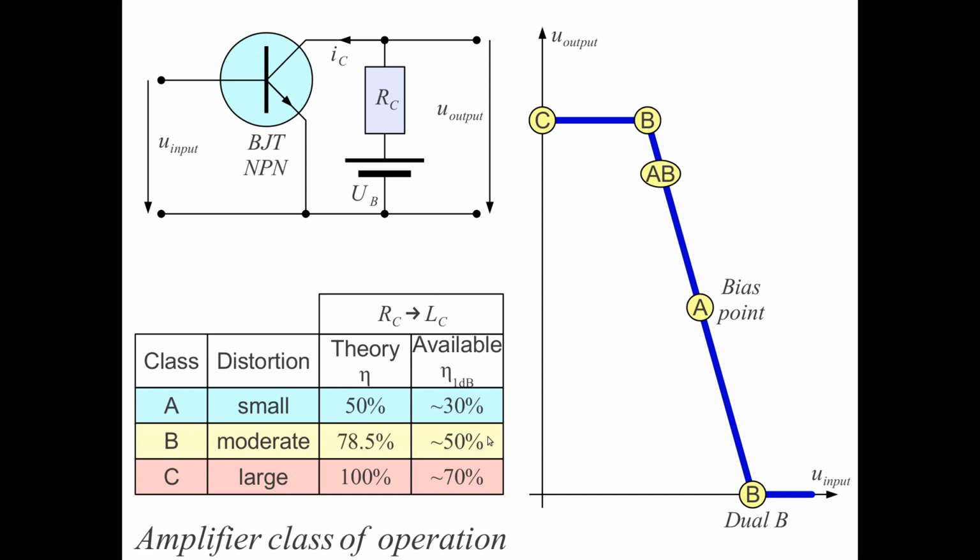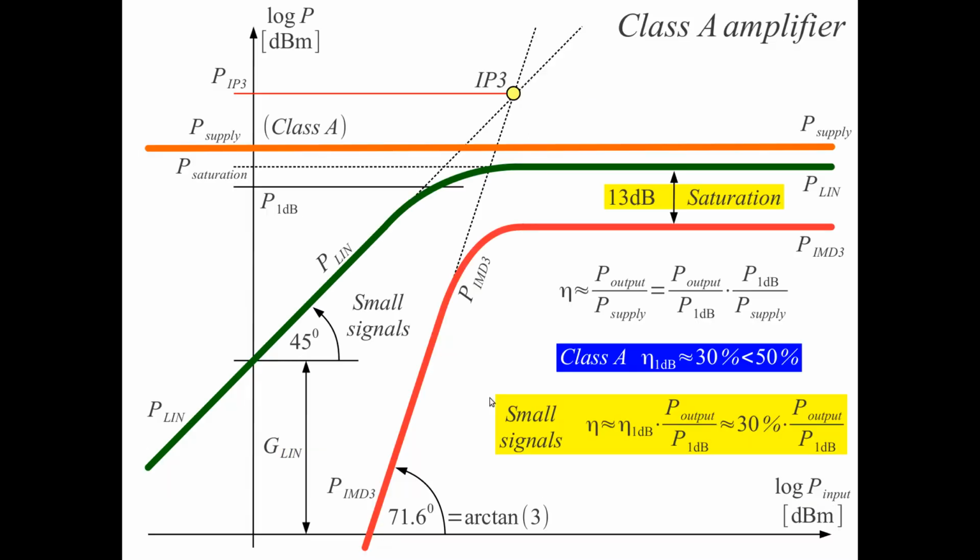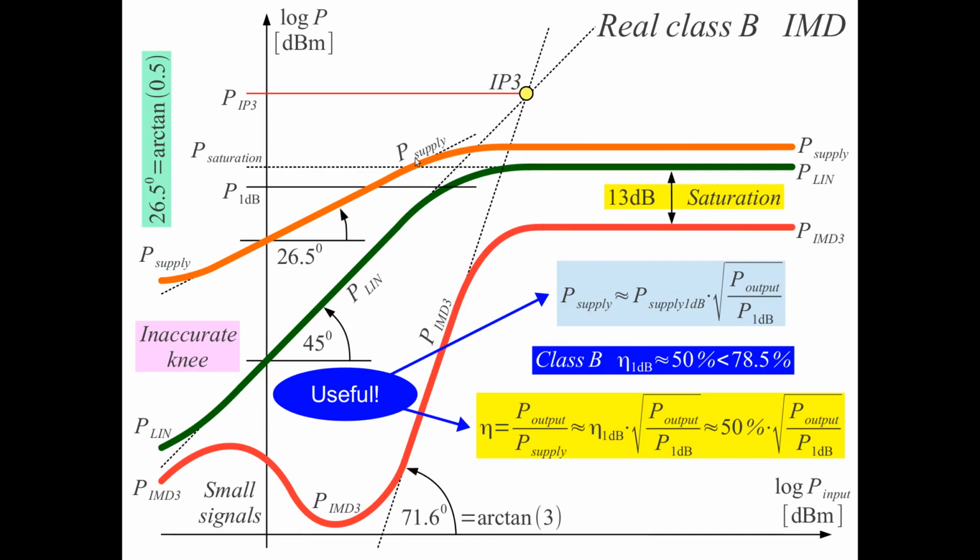But a much more important difference is the constant power supply consumption of the class A amplifier versus the variable power supply consumption for the class B amplifier. And this is actually decreasing with the power supplied. So the efficiency will be much better because of this power drain decrease here.